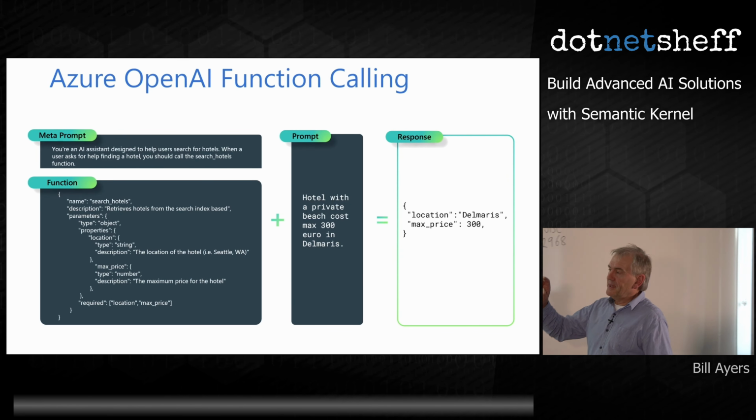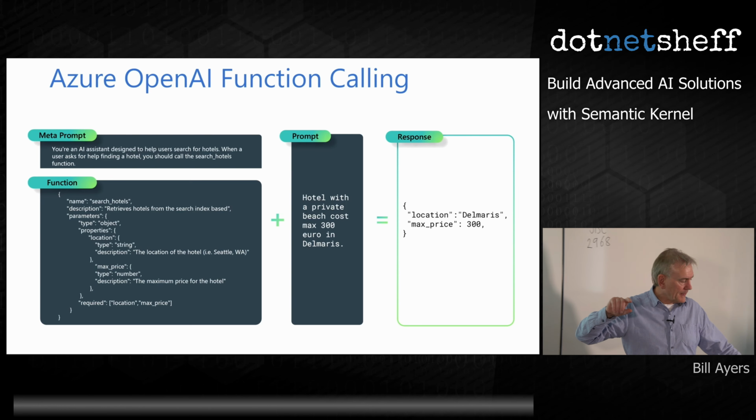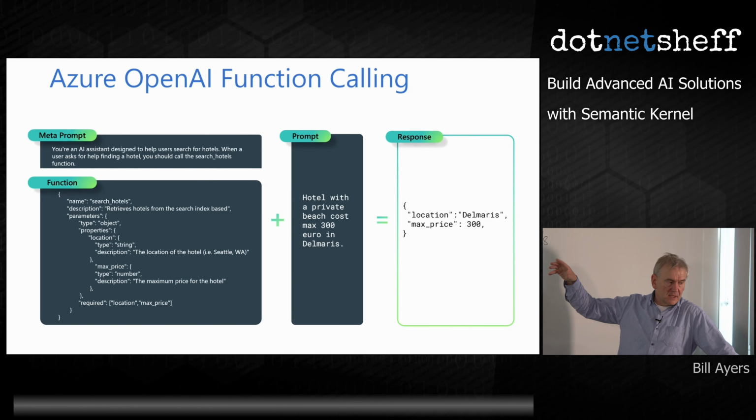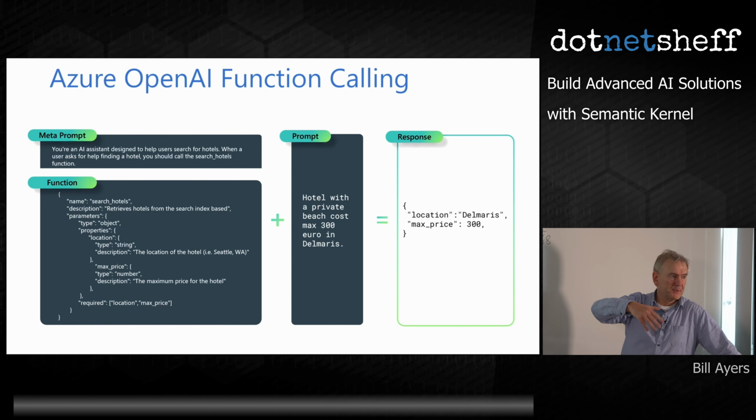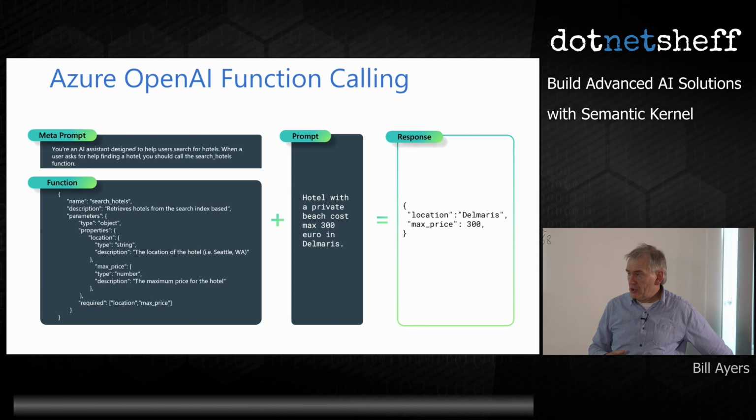But there used to be what were sometimes called planners. These were how you tell the large language model to call this particular API to get this information. We now have something called function calling.